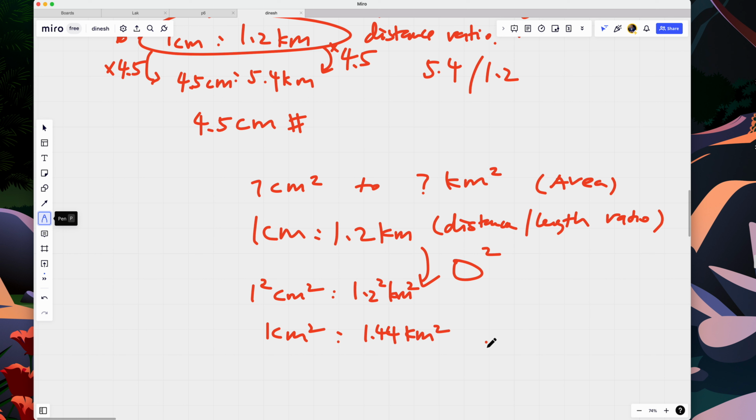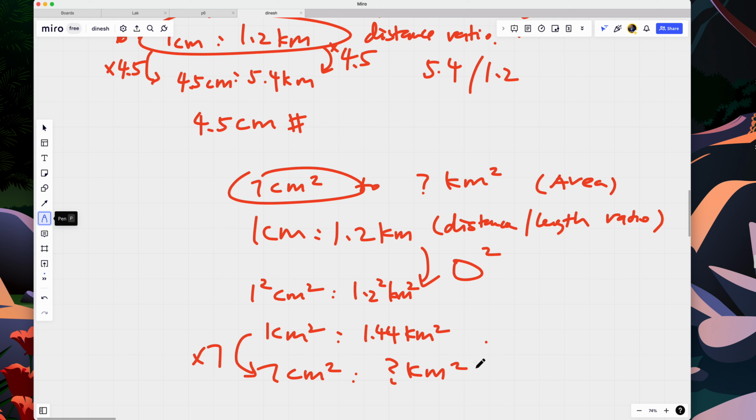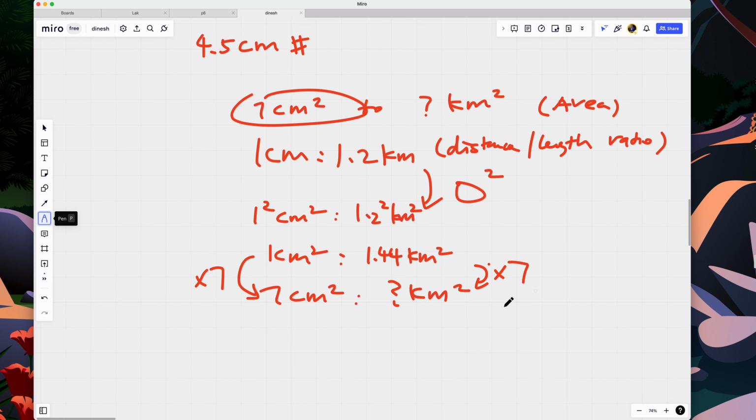Now you have 7 cm square, and they ask what's the question mark here. Over here you times 7. So 1.44 times 7 is 10.08 kilometers square. So that's how you practice parts A, B, and C.